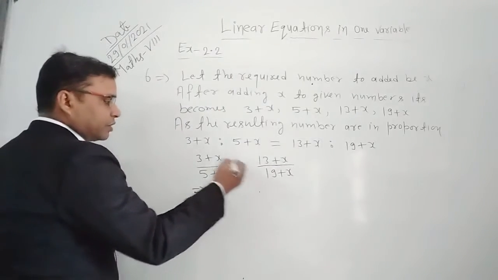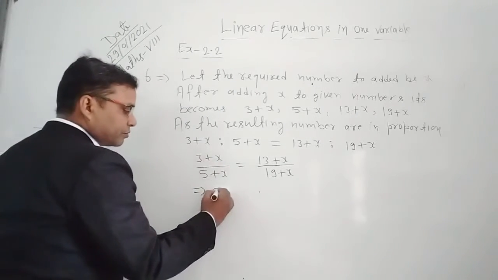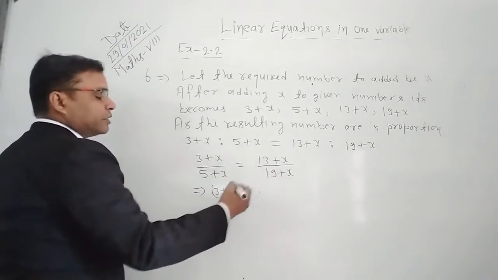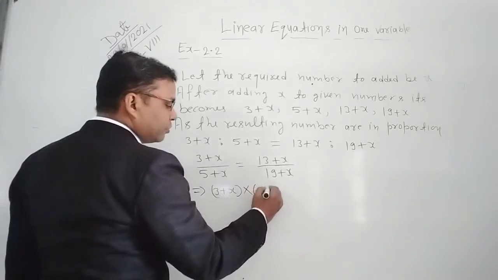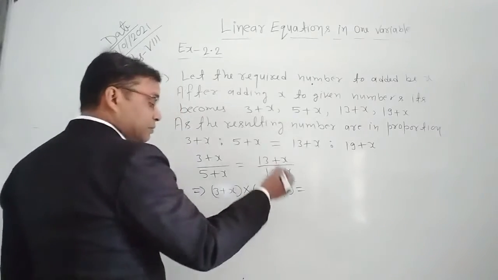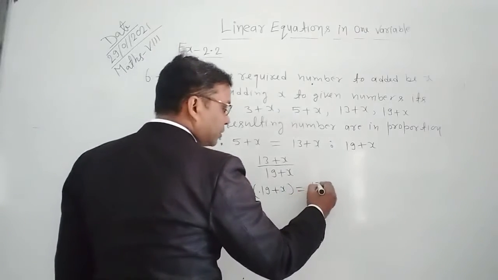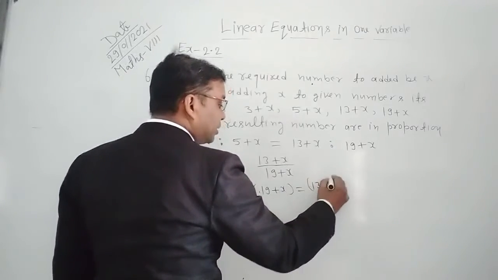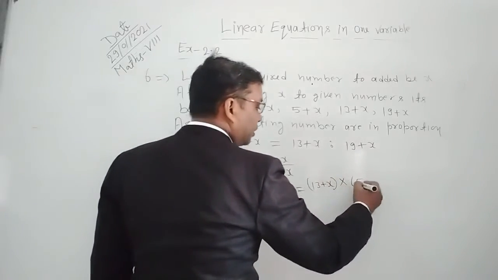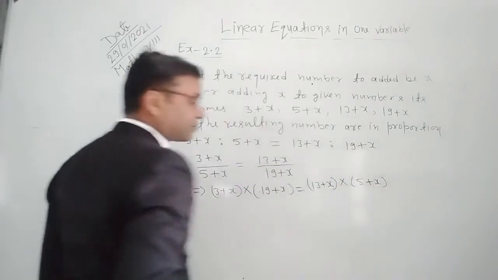We get the first numerator 3 plus x multiplied by the second denominator 19 plus x, equal to the second numerator 13 plus x multiplied by the first denominator 5 plus x.